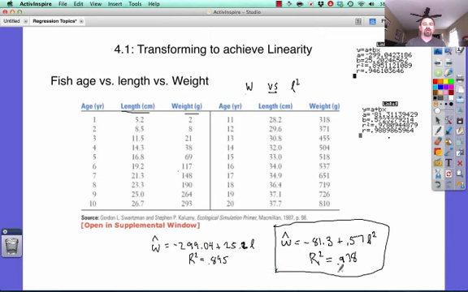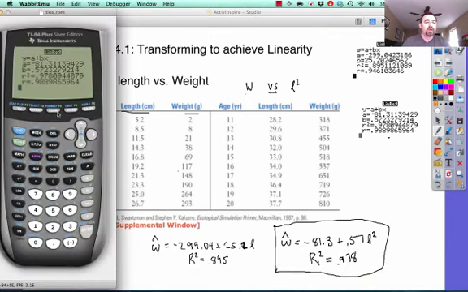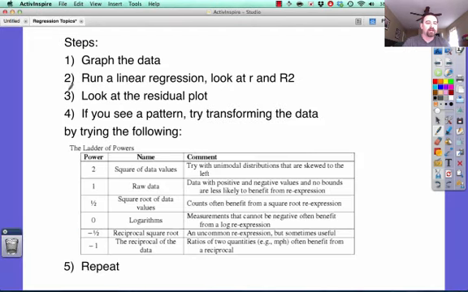And so we end up with an R squared of 97.8. Okay, good. So let's take a look at our steps again. I looked at my residual plot initially. I saw a pattern. I tried transforming my data. Then I repeated the steps. I transformed the data, and I looked at the graph of the transformed data. I ran a linear regression on the transformed data, and I looked at R squared. R squared was better. That's good.